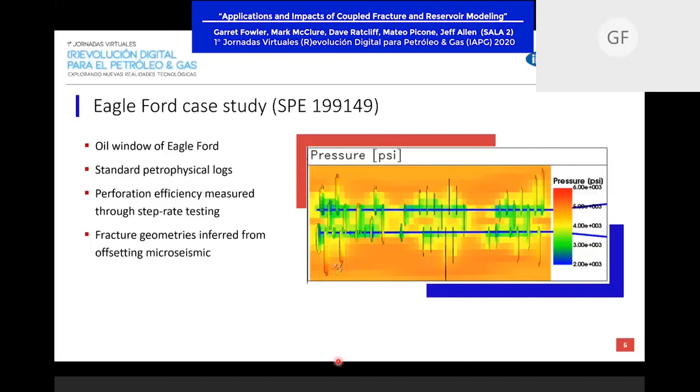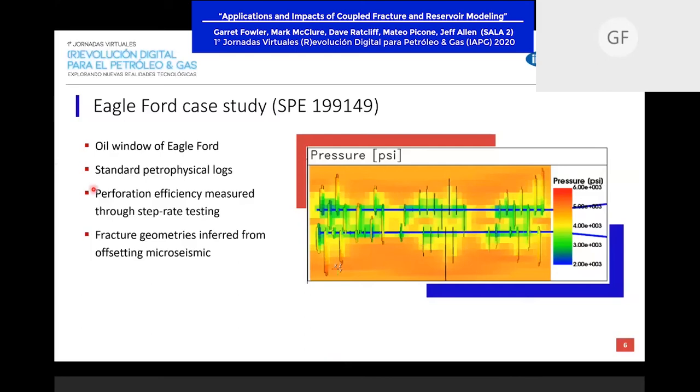So we had very few direct measurements, but instead relied on indirect measurements to history match and tune the models. And so this was a 2-well pad in the oil window of the Eagleford. We had standard petrophysical logs that gave us things like porosity and permeability after our interpretation. And so that's an example of an indirect measurement.